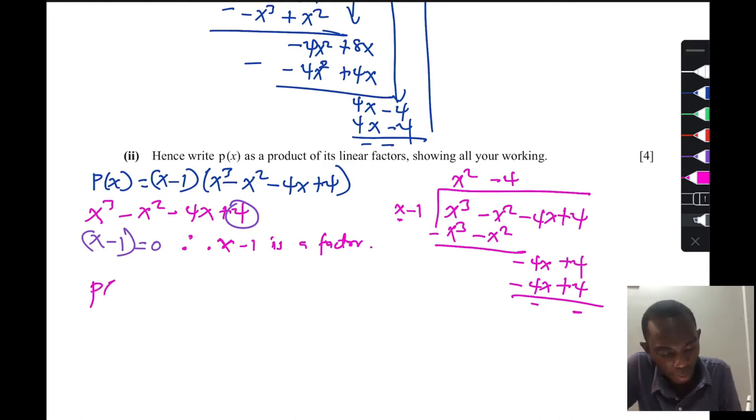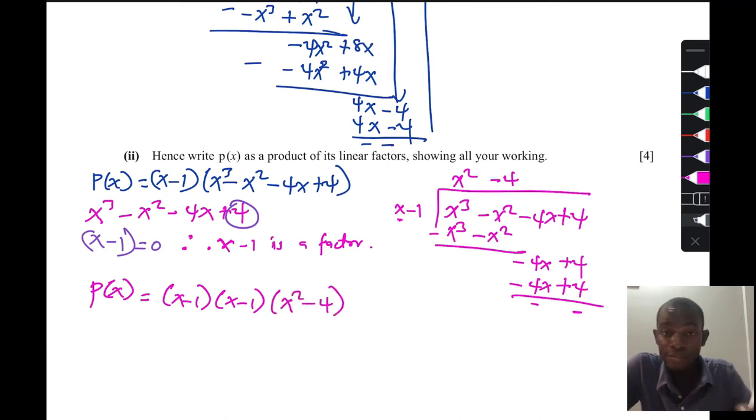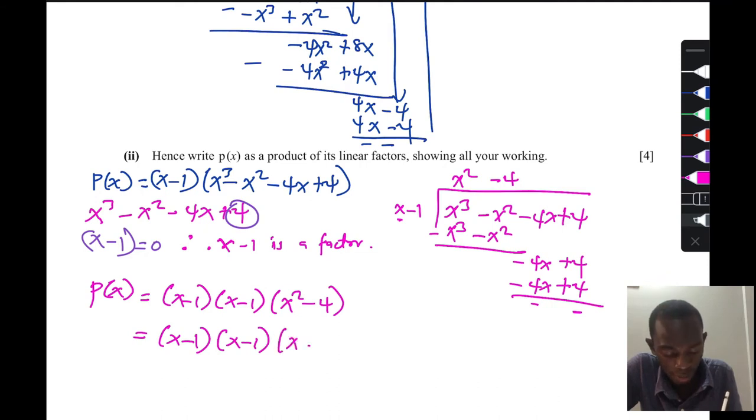So that means the polynomial is now the x minus 1 that we wrote first, times the second factor x minus 1 that we got, and then the last, that's x squared minus 4. But remember that x squared minus 4 is a difference of 2 squares. So you can write x minus 1, then x squared minus 4 will be x minus 2, x plus 2.